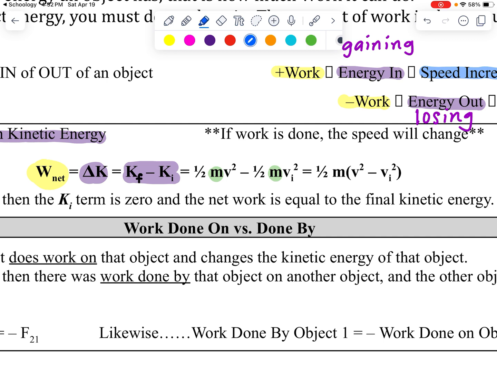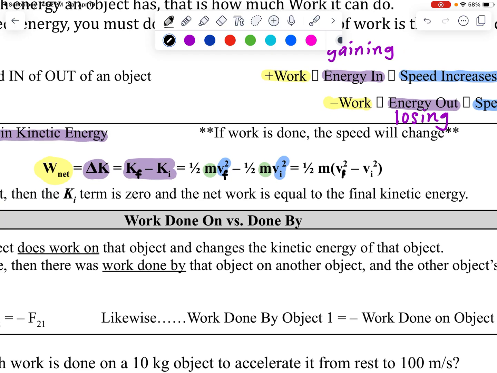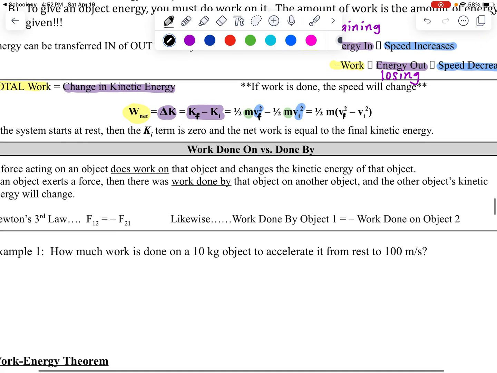And that's what I want to show you here, is there's a velocity initial and a velocity final. I'm going to make sure that I write that F in there for velocity final. Okay, there we go. And you've learned that equation before, right? Kinetic energy is 1/2 mass times the velocity squared.